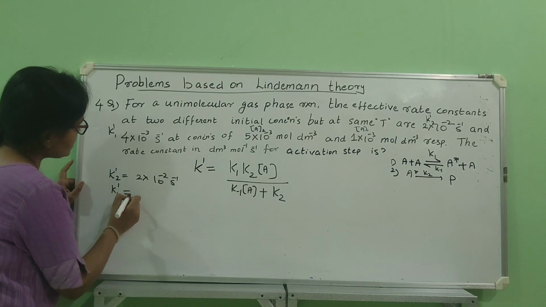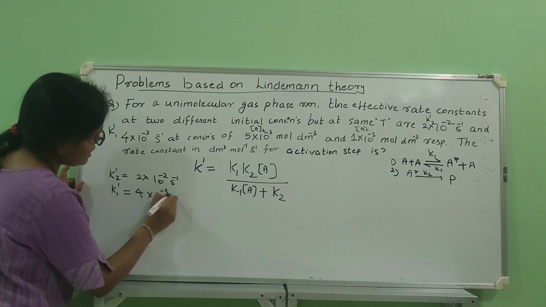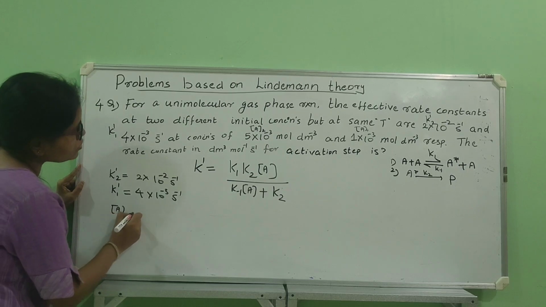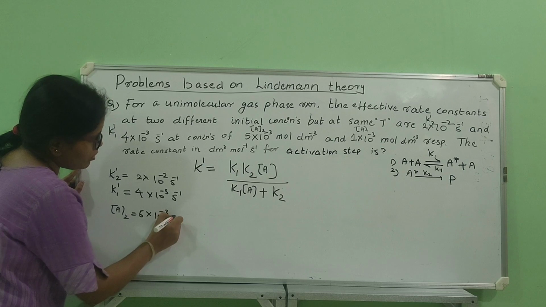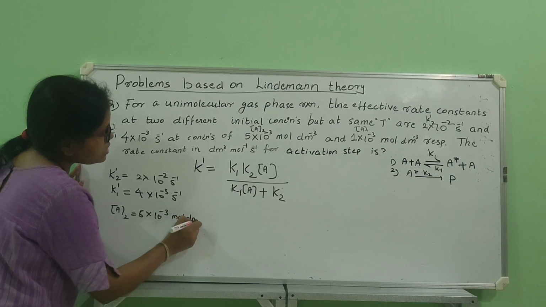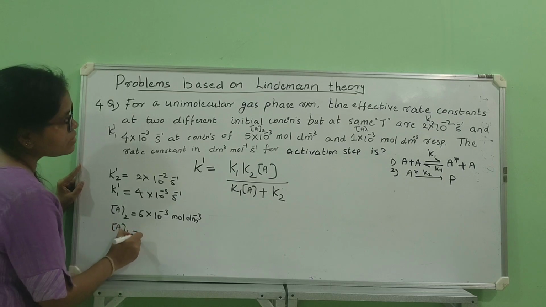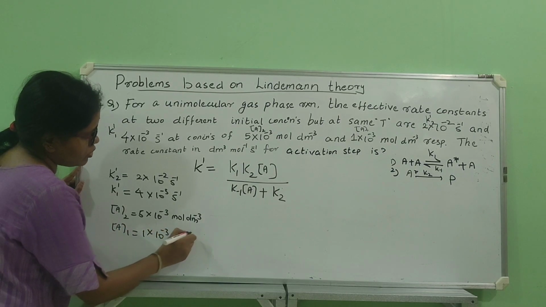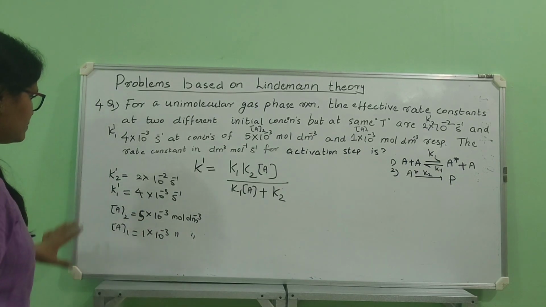K dash 1 is 4 into 10 power minus 3 second inverse. A2 is 5 into 10 power minus 3 mole per decimeter cube. And A1 is 1 into 10 power minus 3 mole decimeter cube. So this is 5. Okay.